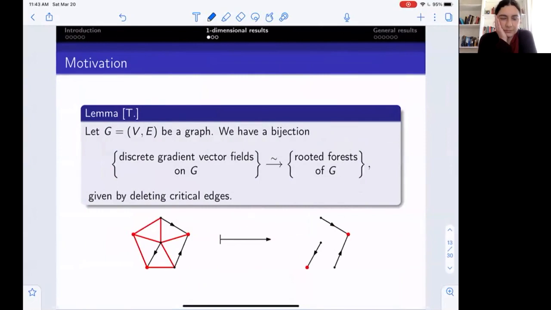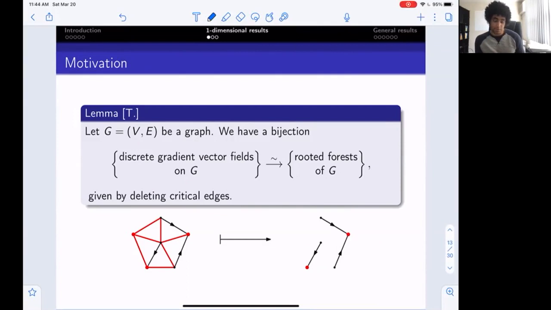So in one dimension, we start off with this nice lemma, that there's a bijection between discrete gradients on a graph and rooted forests given by deleting critical edges. We can reason through this proof.